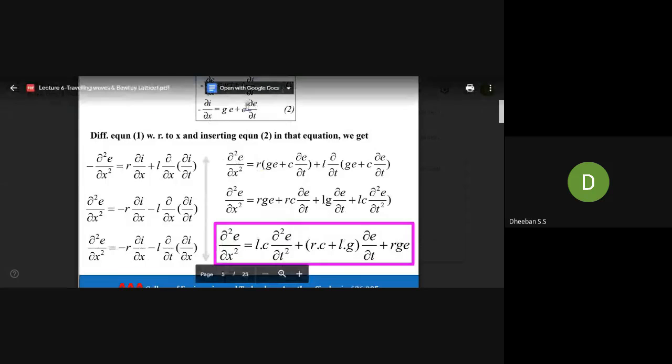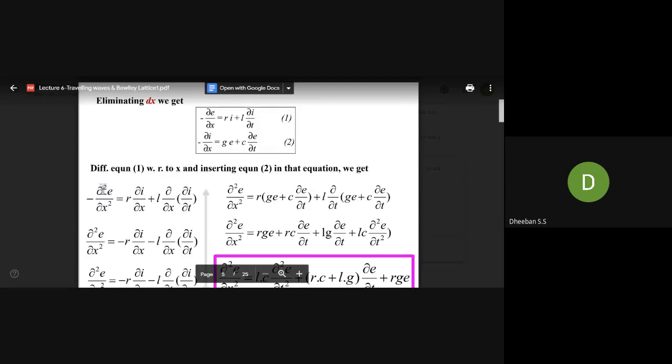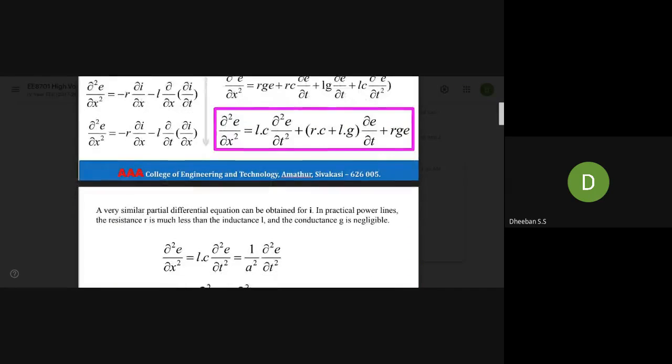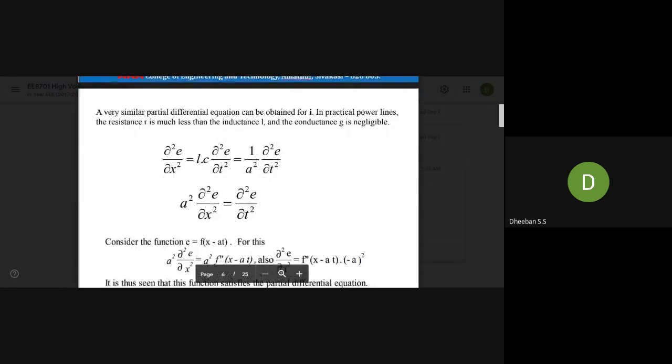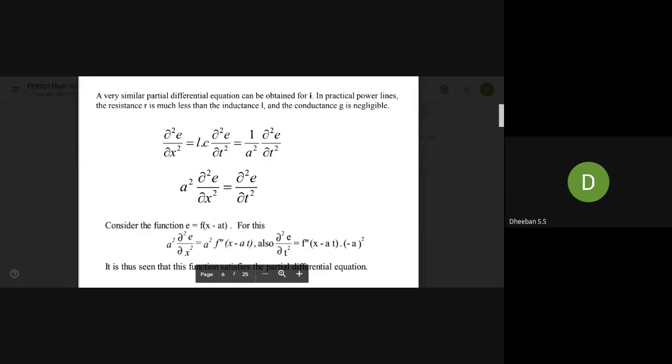Generally, what they'll be doing is multiplying both the right hand and left hand sides with the same operator, similar to squaring, that is del square by del x square. They'll manipulate to get this kind of equation, and after this they'll apply the partial integral. Finally you'll get the equation like this.